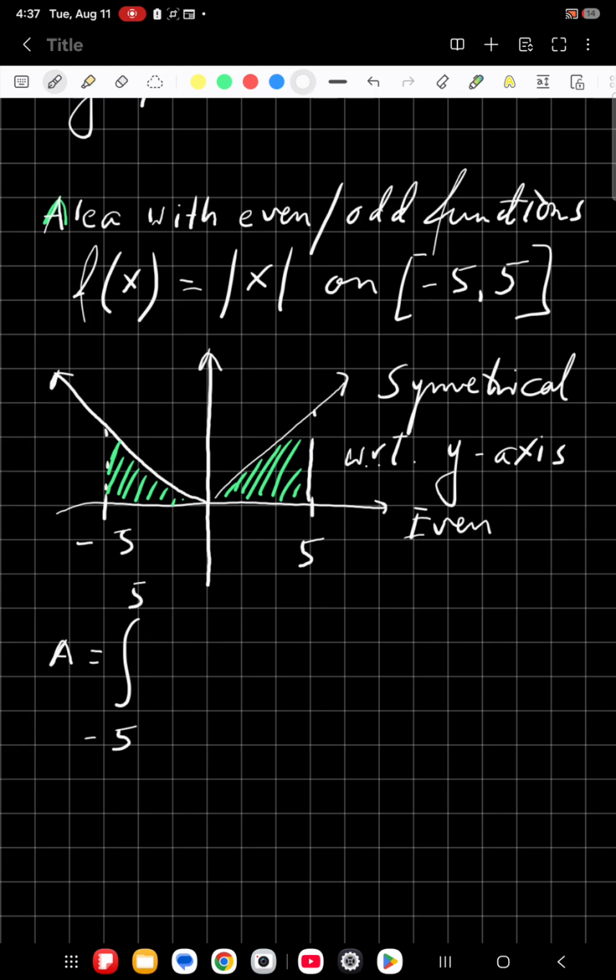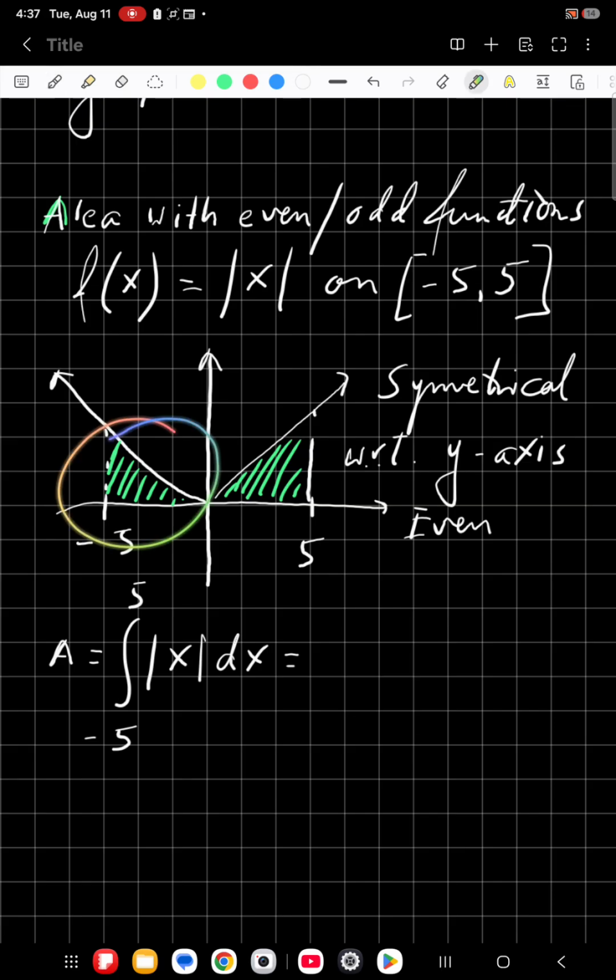So these would be the endpoints, and then we would have the absolute value of x dx.